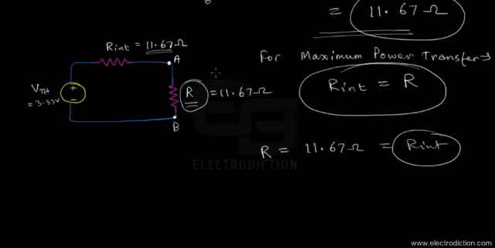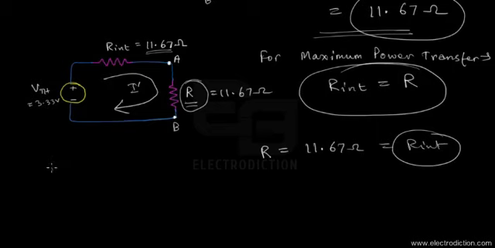Now that we know the value of R, we can go forward and calculate the amount of power dissipation that occurs across it. We first need to find the value of the current I that should flow through the resistor R. Let's call this I dashed.